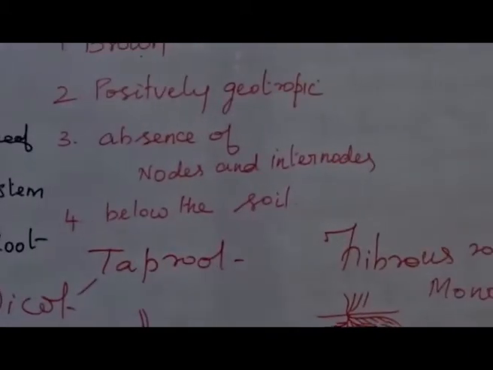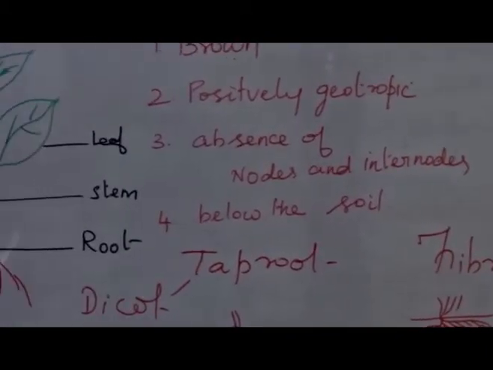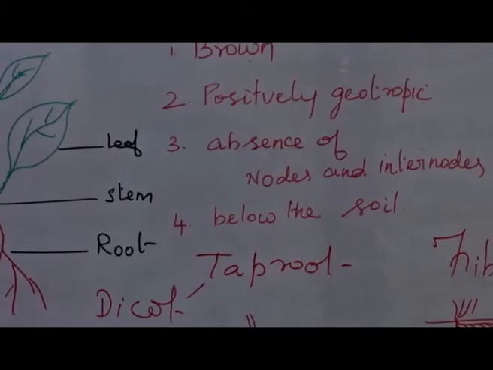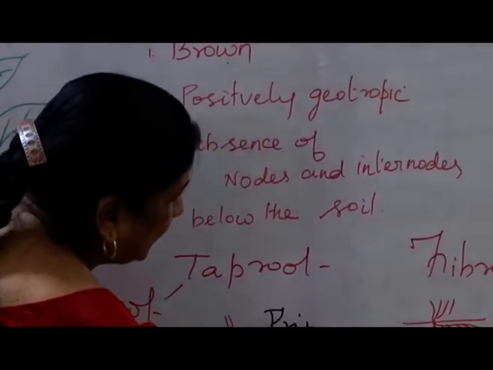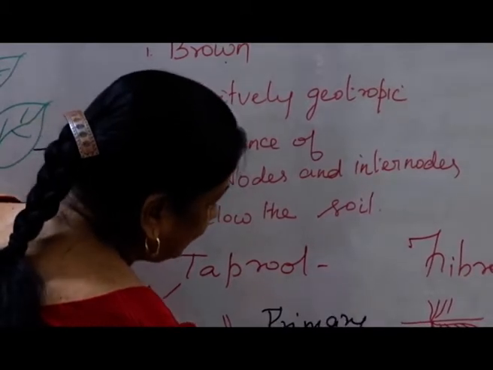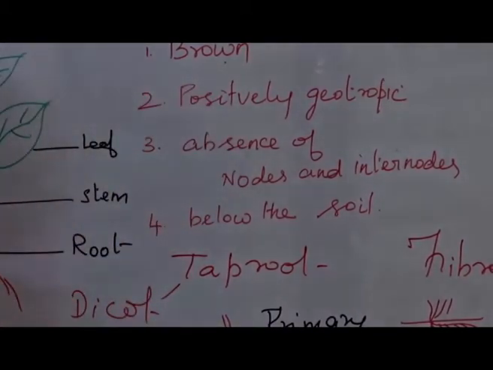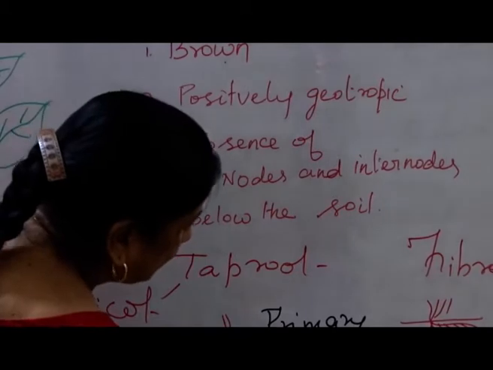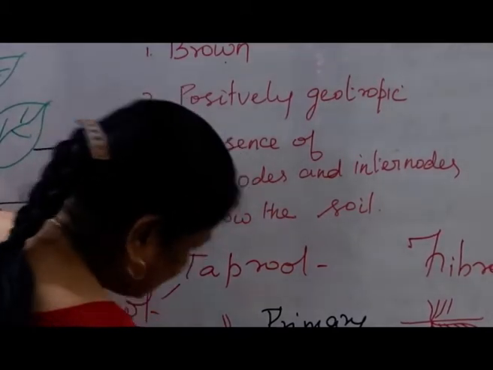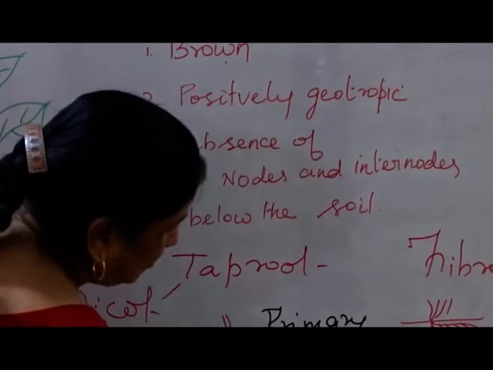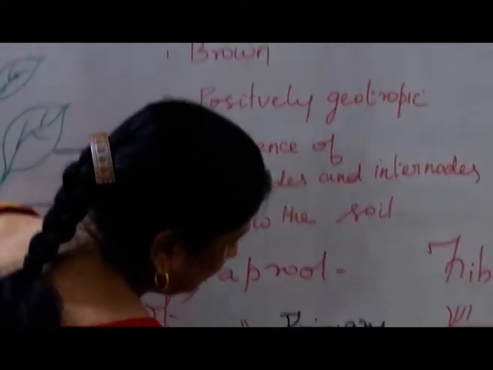Now the taproot system has a central thick taproot, otherwise primary root, which in turn gives rise to secondary root, and this in turn gives rise to tertiary root.